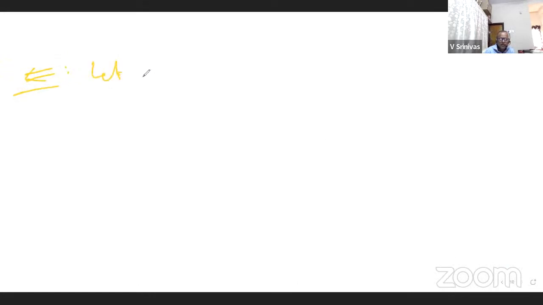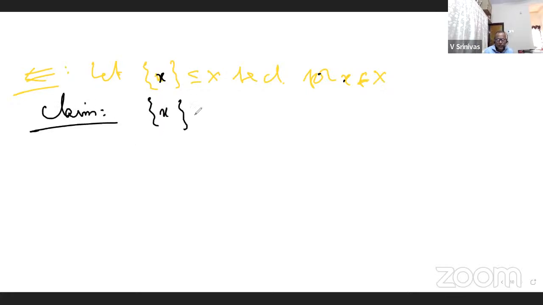Let singleton x contained in capital X be closed for small x in capital X. I'm assuming that this singleton is closed. I will obtain that capital X is T1.